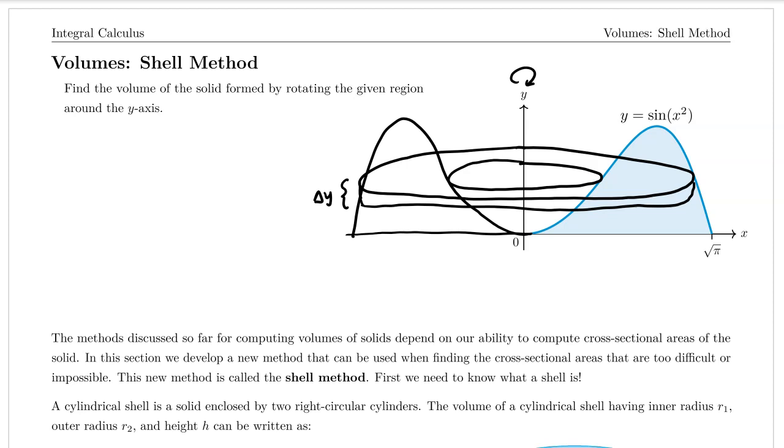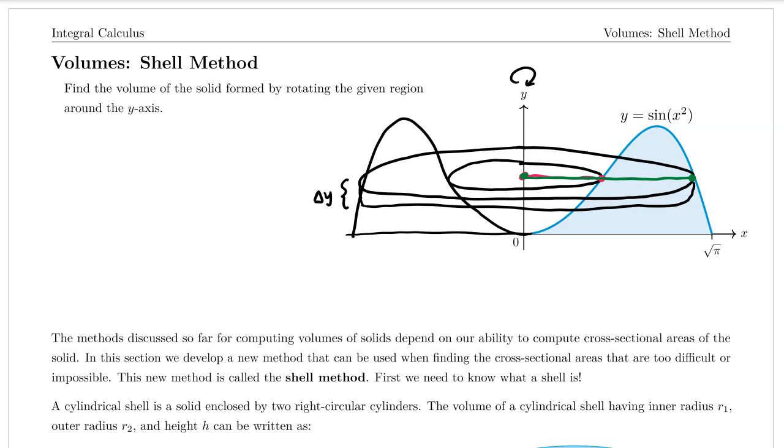And I need two different values for my washer now. I need my inner radius, which is the distance from my axis of rotation to that first part of my curve. And then my outer radius is the distance from there to there. Now, one thing that you'll notice is this particular curve, y equals sine of x squared, is not a one-to-one function.